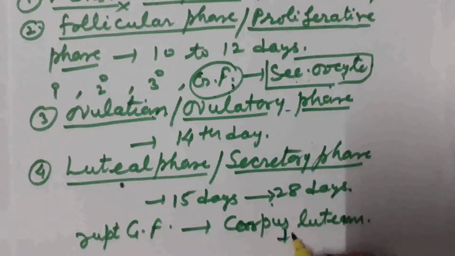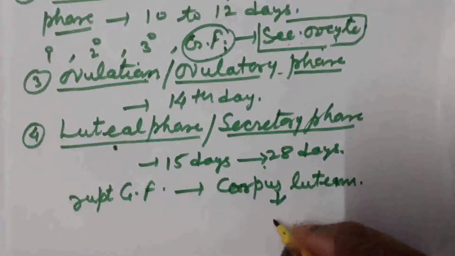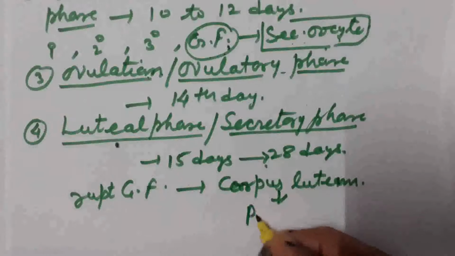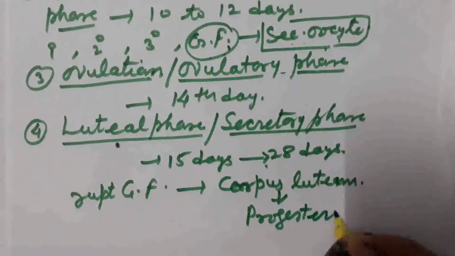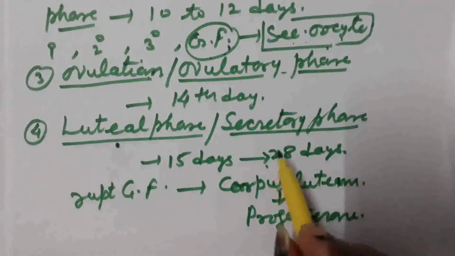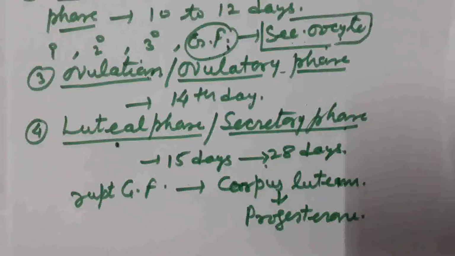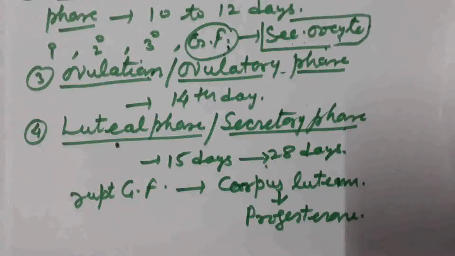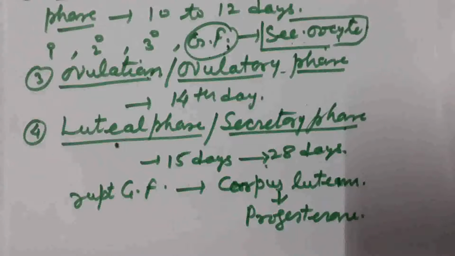And from the corpus luteum, progesterone secretion starts. That's why it is known as the secretory phase. Progesterone secretion takes place from the corpus luteum if fertilization takes place and pregnancy is established. So this corpus luteum persists till the pregnancy period and progesterone is formed from the corpus luteum.